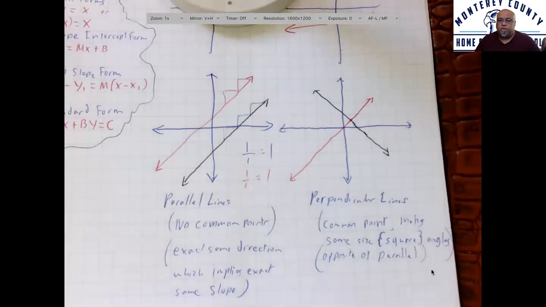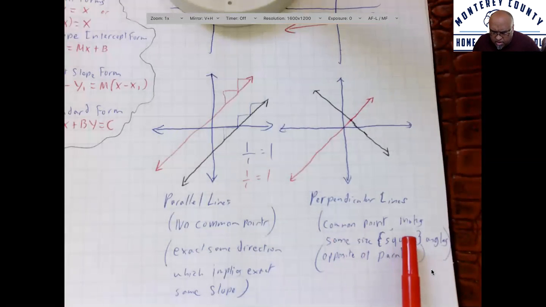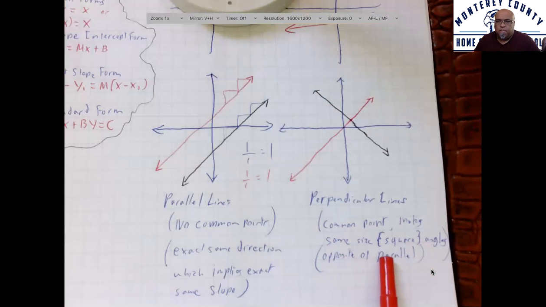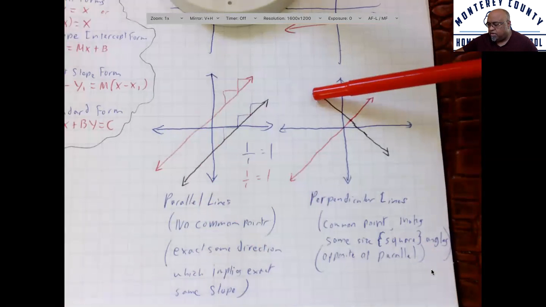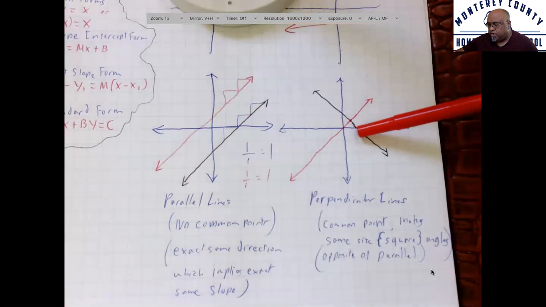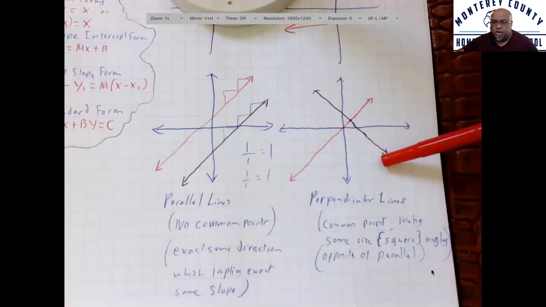Now let's take a look at perpendicular lines for a minute. Perpendicular lines have a common point and they make the same size square angles as we pointed out before, but there's an implication here. They are opposite of parallel. You'll see that parallel lines never cross, but perpendicular lines cross exactly square across the other line.